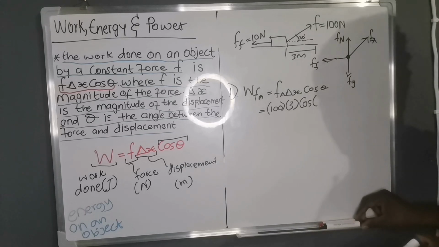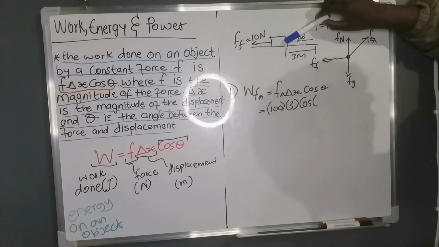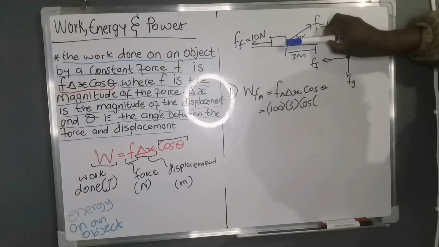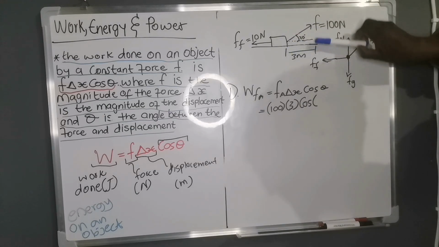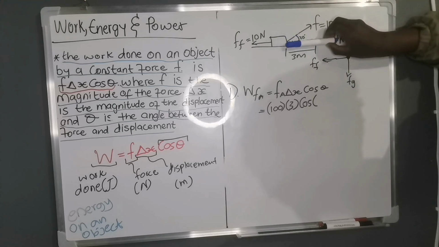Remember, you put your pen on the arrow of our force and check the angle between our force and our displacement. Here's our surface. Our displacement is here and our force is here. What's the angle between our force and our displacement?